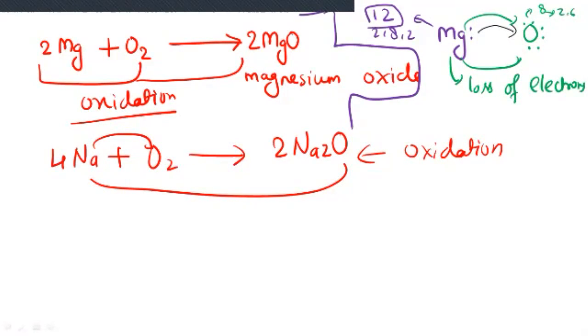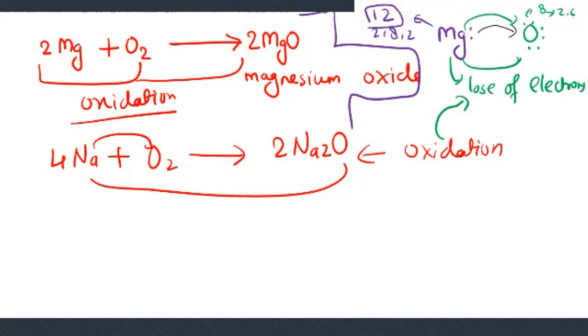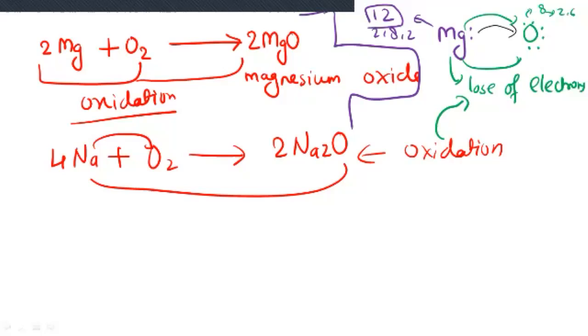And you can find another definition for oxidation: loss of electrons. Did you get that? We'll take more examples to understand this.